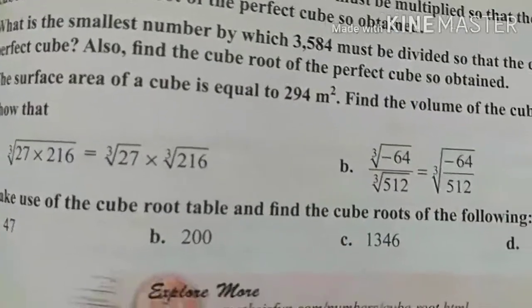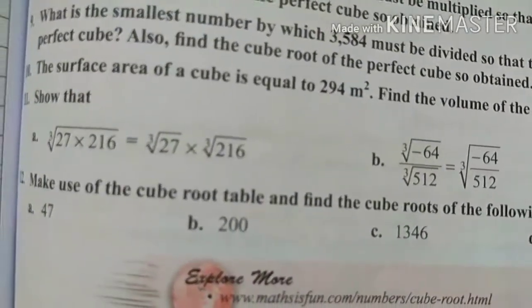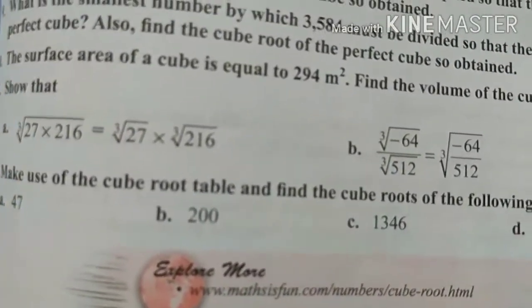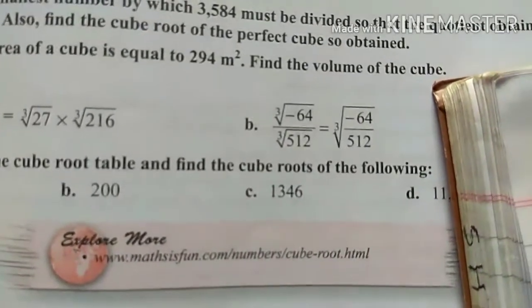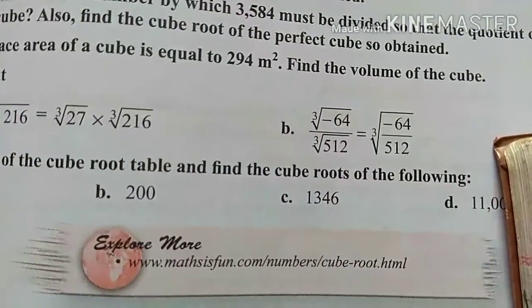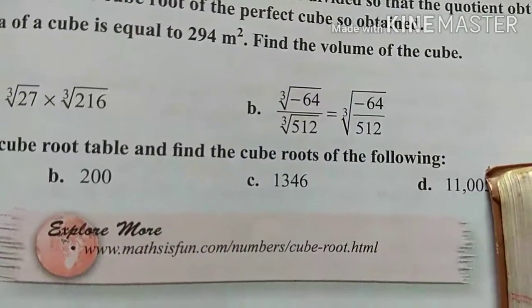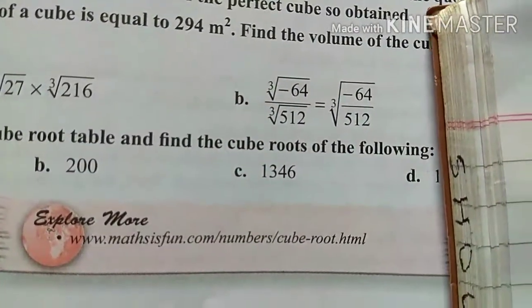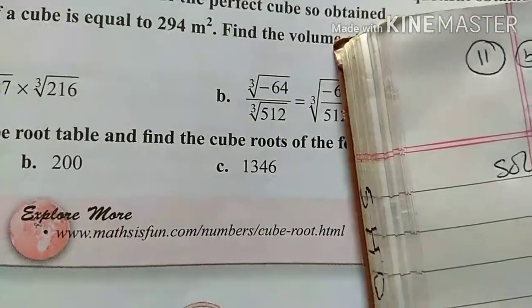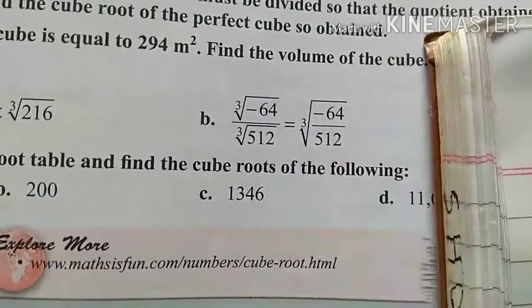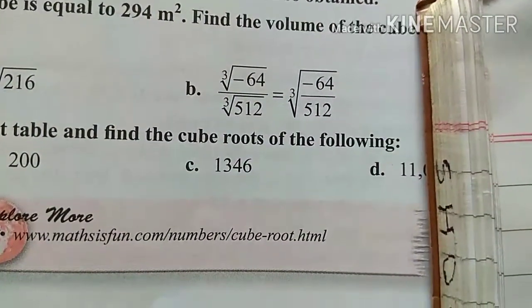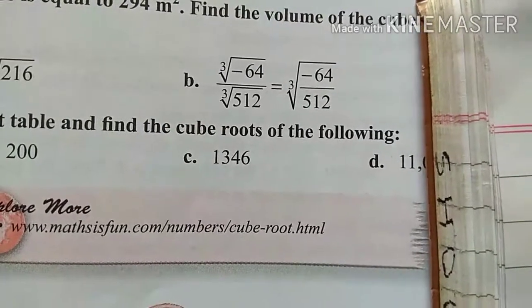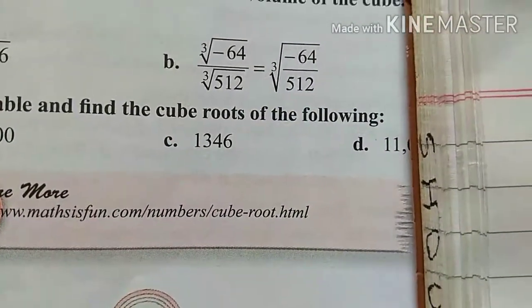See, this is the LHS and RHS. Okay. As the numbers are given, I have selected part B for you. Look here, which is written cube root of -64 by cube root of 512 is equal to cube root of -64 by 512.